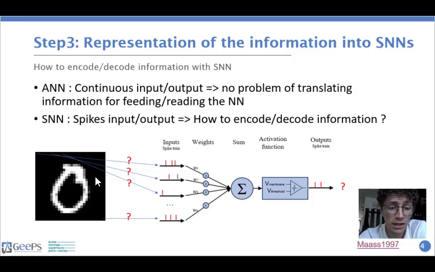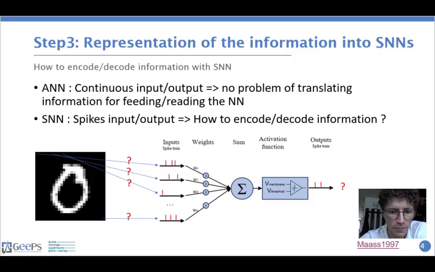It might work. In fact, as I said, it's related to rate code, but it might be slow or not accurate enough, or it will create issues with the time window. But it's still an interesting similarity between ANN and SNN.